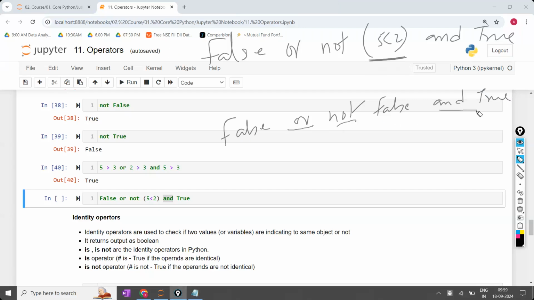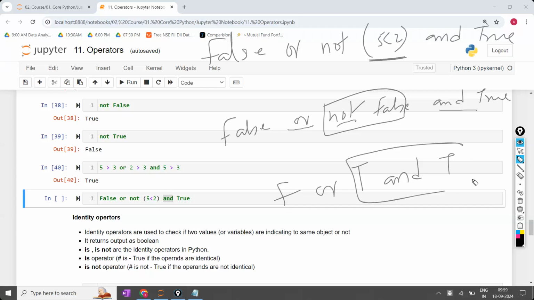False and true are values now, Boolean values. They are not operators now. The operators are or, not, and and. Which one is the top priority? Not. First complete not false. What is the answer of not false? True. So false or true and true. After that, which is the top priority? And. Then false or true. What is the final answer? That is the output.